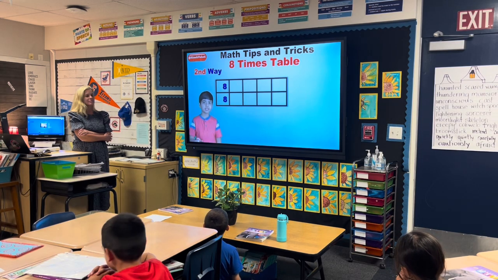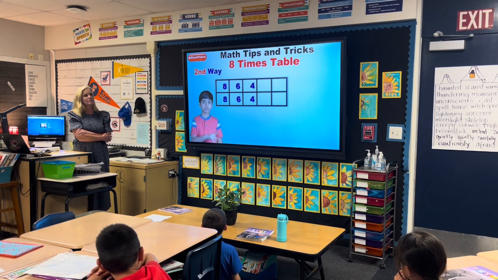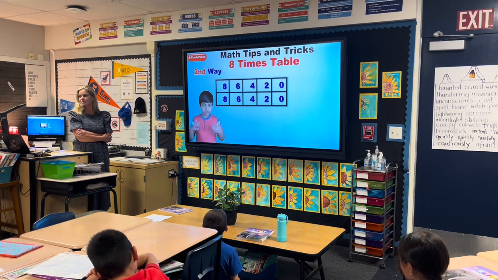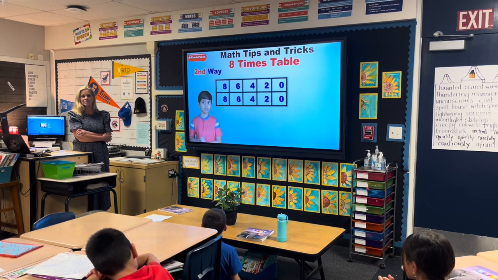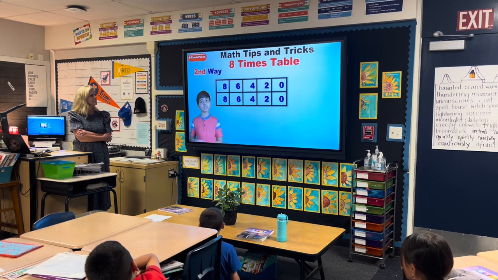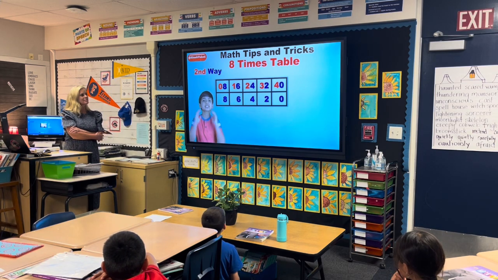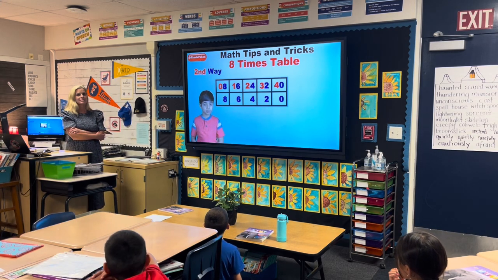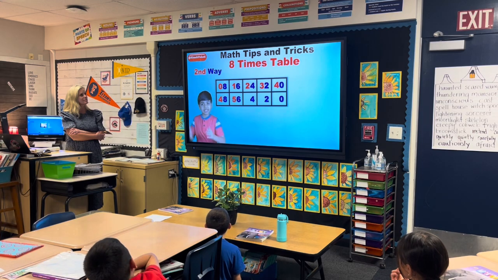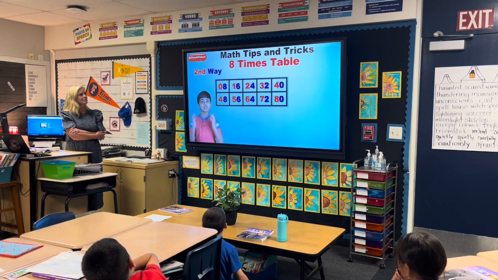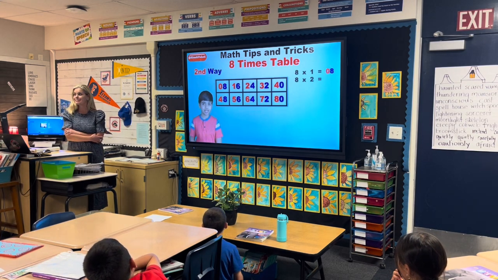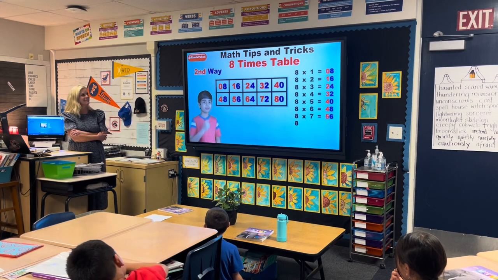So 8, 6, 4, 2, 0. Now for the tens digits in the first row, we will write down the numbers from 0 to 4, as you see here. And for the tens digits in the second row, we will write the numbers from 4 to 8. And once you're finished, you will have the 8 times table, as you can see right here.